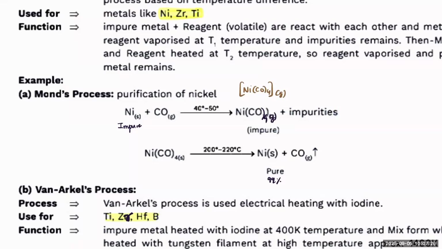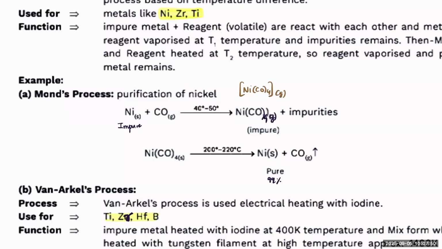Now you take these vapors and start heating them further. You can do it either way. First, you crystallize these vapors and convert that into a solid form. And again, you heat, this time at a much higher temperature.